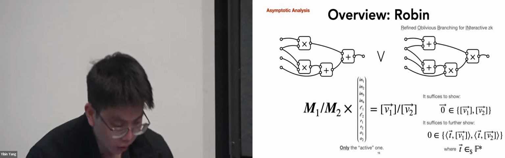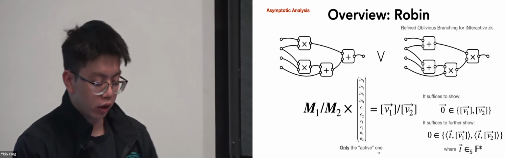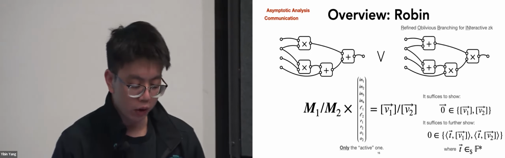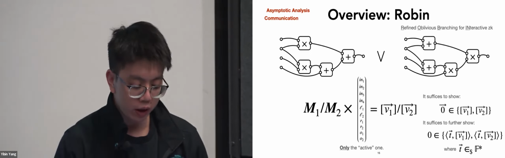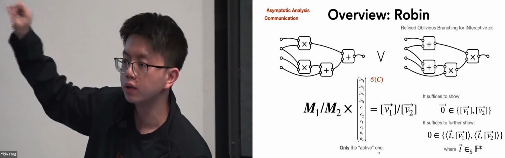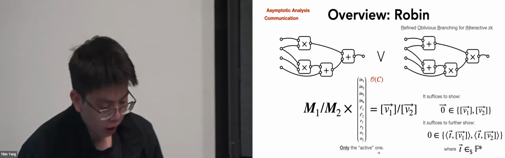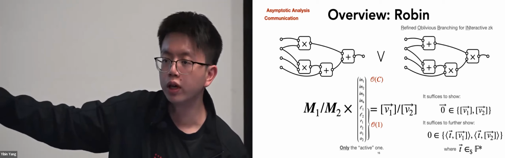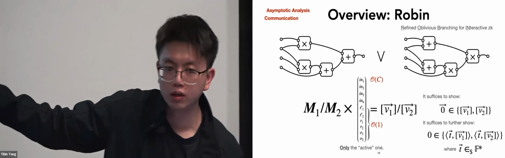Okay, so let me just show you some asymptotic analysis very quickly. For communication, here we need to commit this large vector. However, because I only commit on the active branch, this is just order C, not 2 times C. Similarly, I skip the details here: you use VOLE-based proofs, you can prove multiplication using just order 1 communication, but just believe me, you can do this.